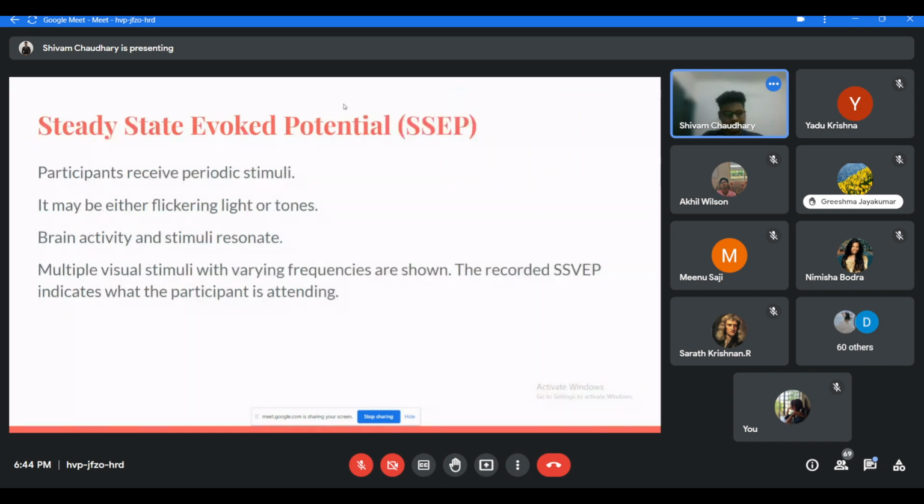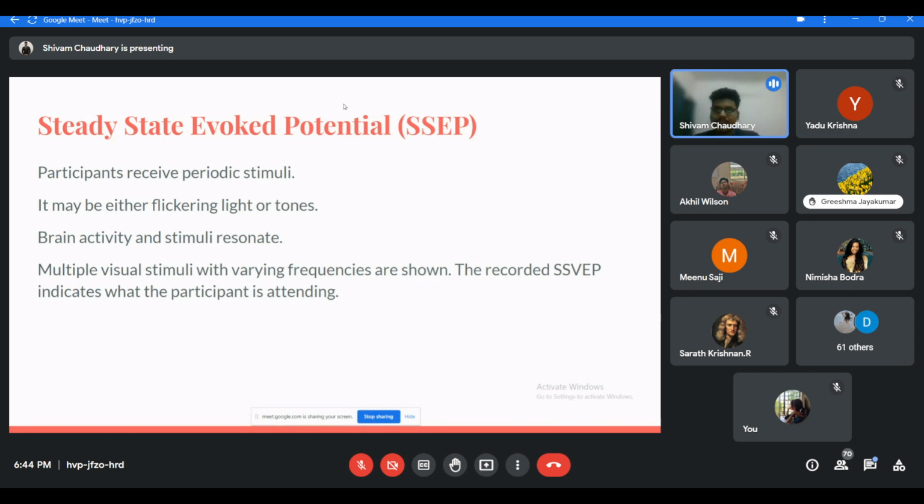Okay, so moving on to steady state evoked potential. In this, the participants receive periodic stimuli. Now, don't get confused with P300, where only 2 to 4 stimuli are presented per second. In steady state evoked potential, the participants receive stimuli periodically at a high frequency, above 10 hertz.